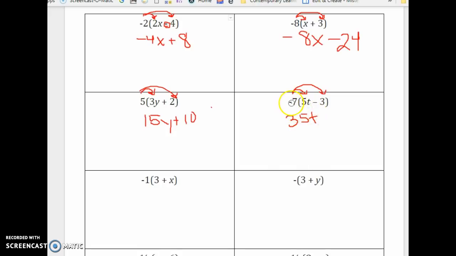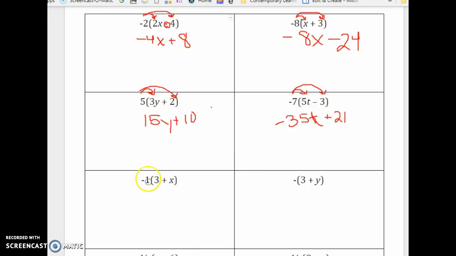It's -7 times positive 5, so it's -35. Now I have 7 times 3, which is 21, but I have a -7, and this sign looks like a -3, so it's a positive 21. And I hope you can see that this is actually a t, not a plus sign.